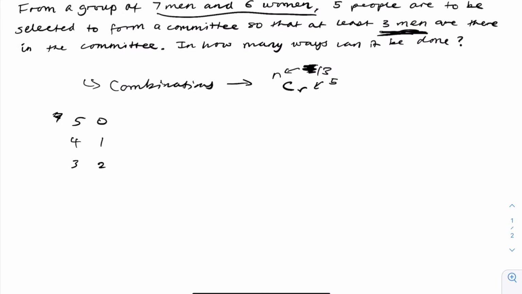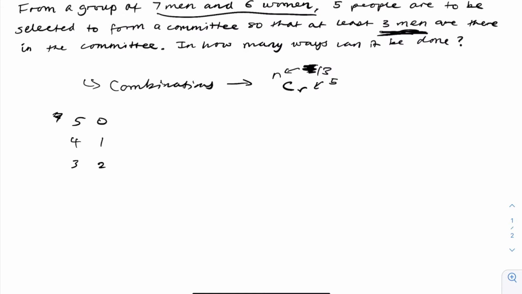We could do it where we choose 5 men, then 4 men, then 3 men, or we could do it another way, but I'll show you that after we use this method first. Basically we just can't have less than 3 men. We can't have 2 men, 1 man, or 0 men.